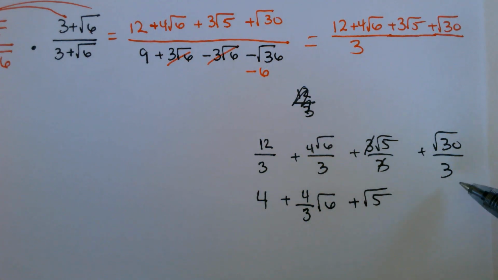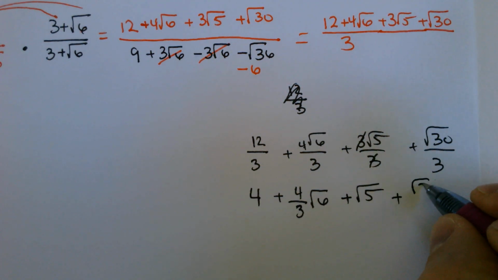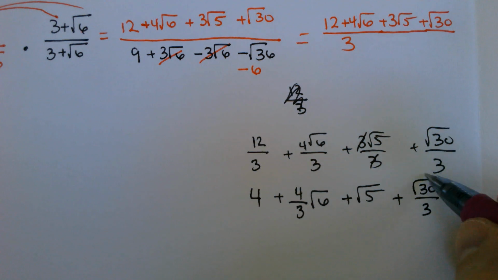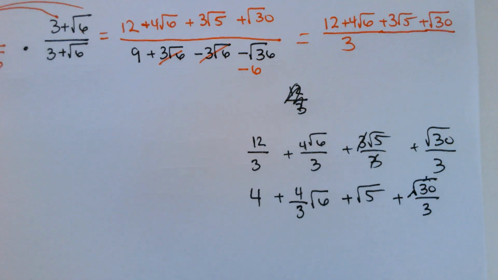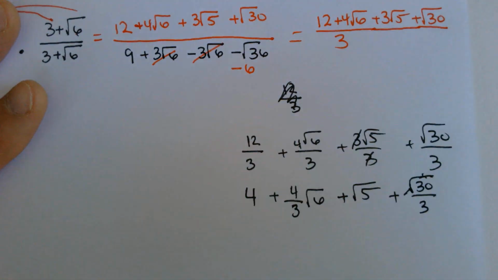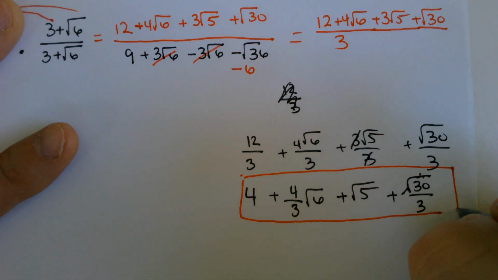And the square root of 30 over 3 does nothing either. So it's just square root of 30 over 3. You could attempt to simplify the 30, but the square root of 30 does not simplify or break down at all. So that is as far as we can go, and we would have our final answer.